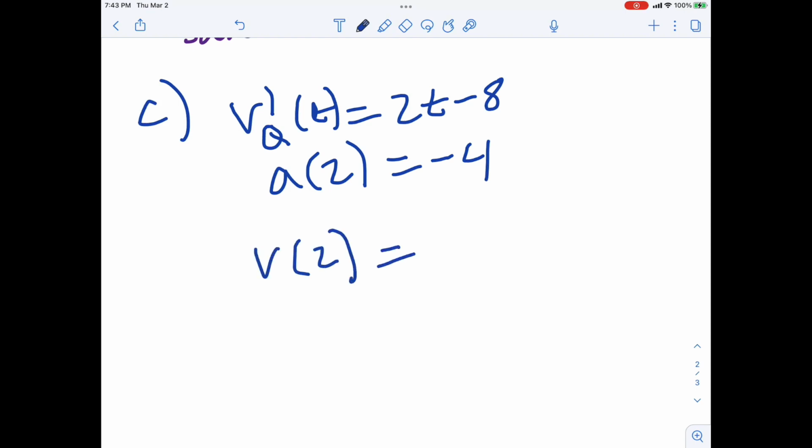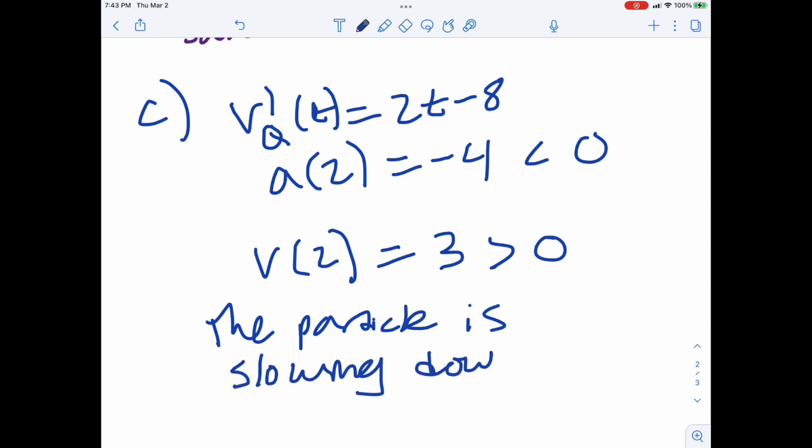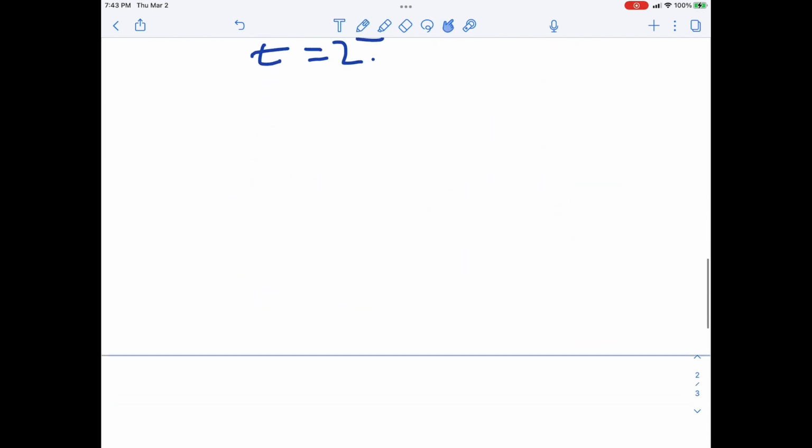The velocity at 2 equals 3. And so we see that the acceleration is less than 0 and the velocity is greater than 0. Therefore the particle is slowing down at t = 2, because velocity and acceleration have different signs.